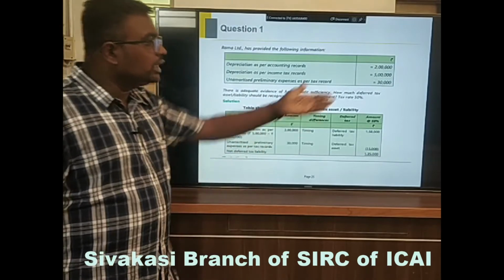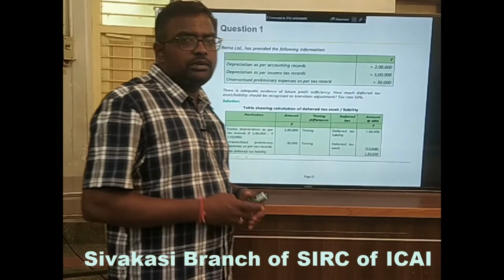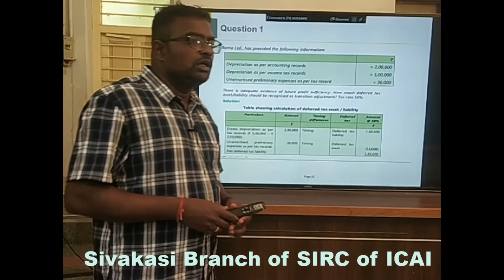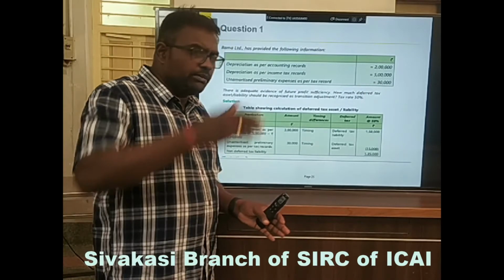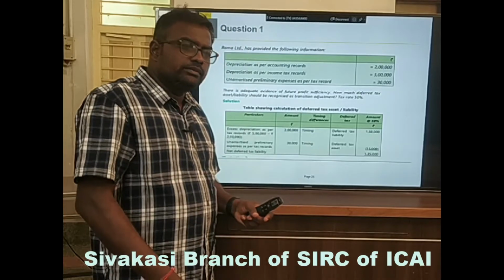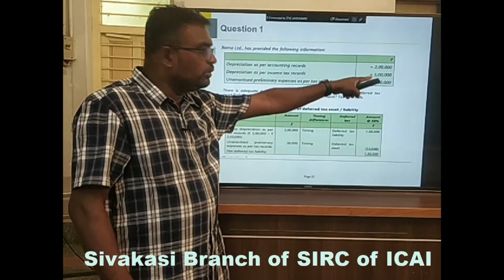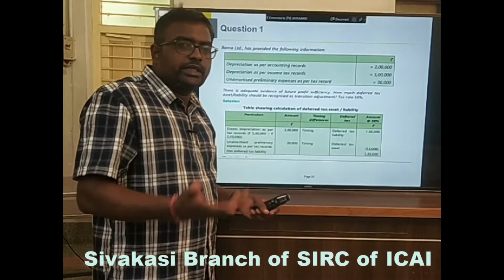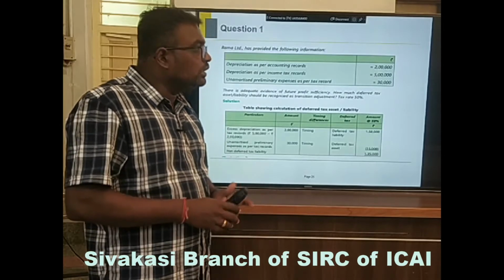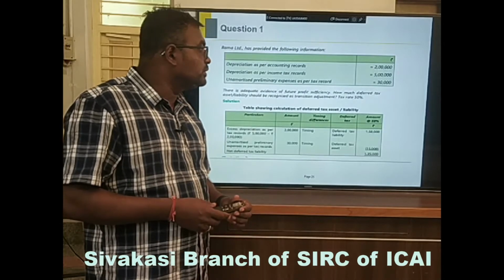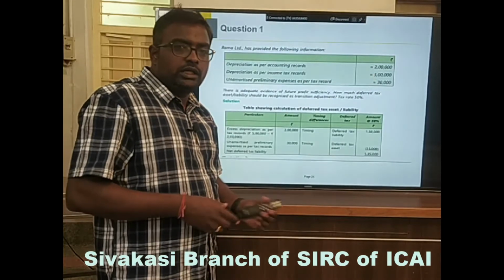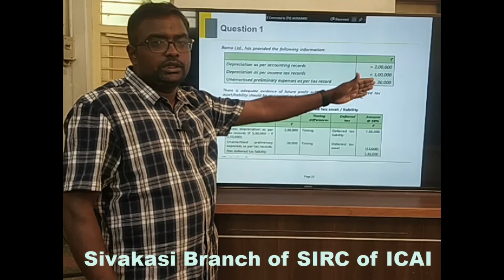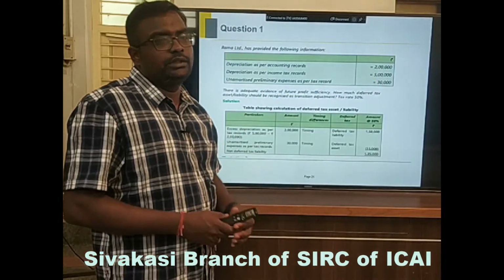A simple concept which people taught me was, under deferred tax, close your eyes and say: if something is allowed more under income tax, then it's a deferred tax liability. If something is not allowed, then it's a deferred tax asset. So here, under income tax it is allowed more, so create a deferred tax liability.